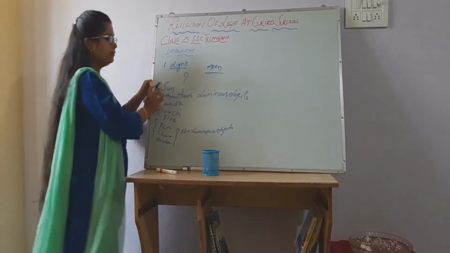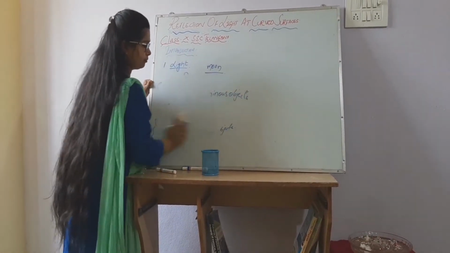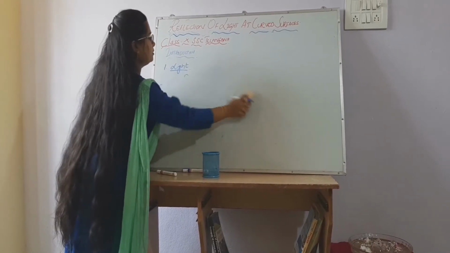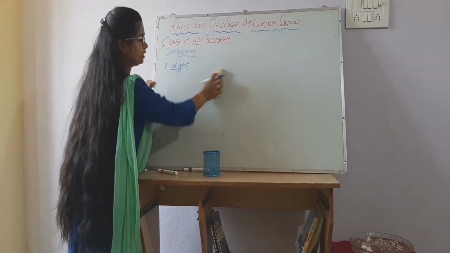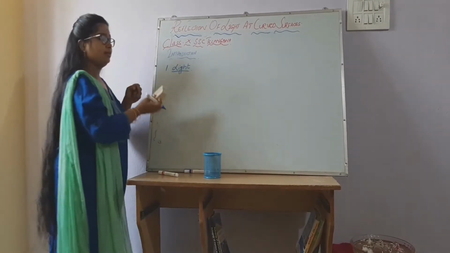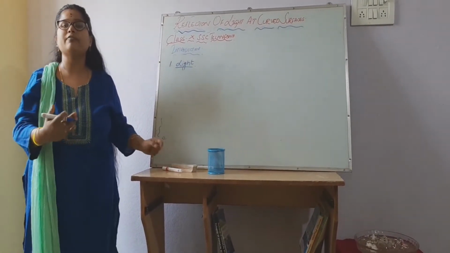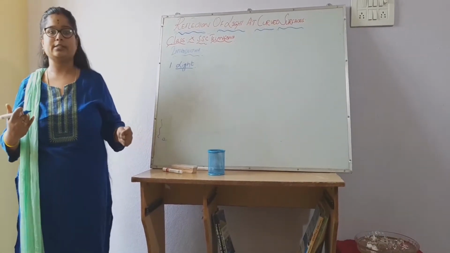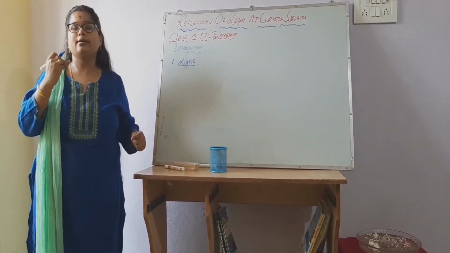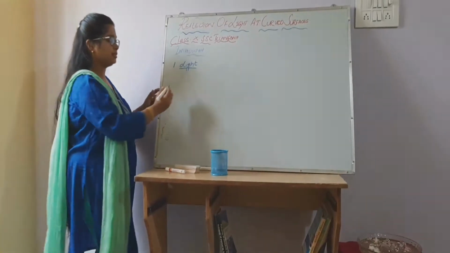Next, light is a form of energy, as I said already. Light behaves in different ways when it falls on different substances. Mainly the substances are of three types.